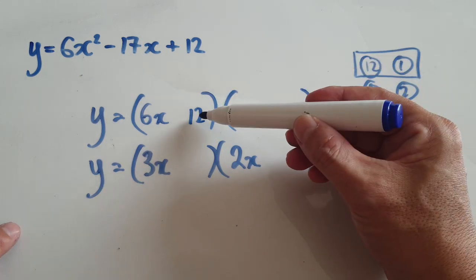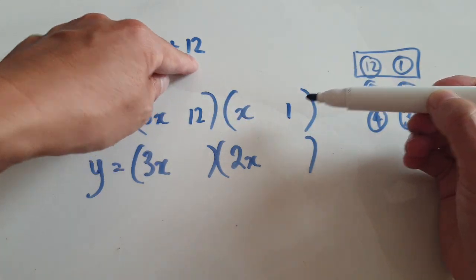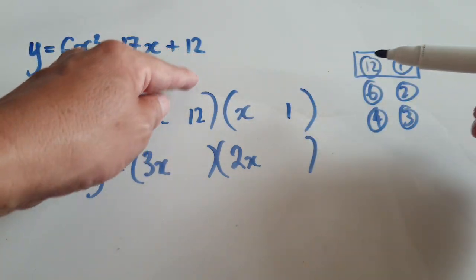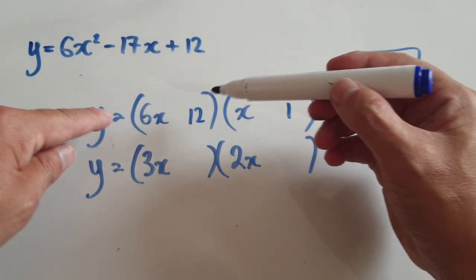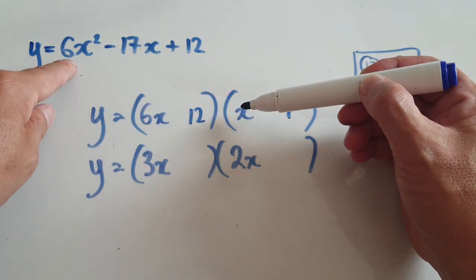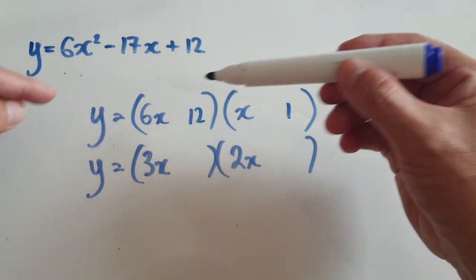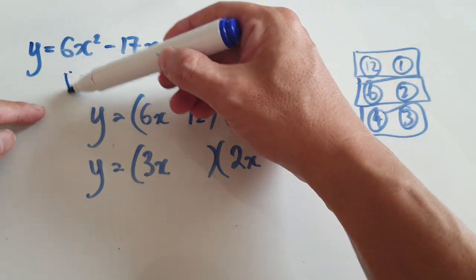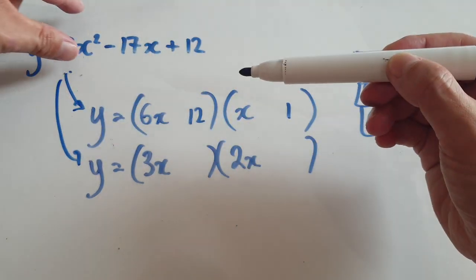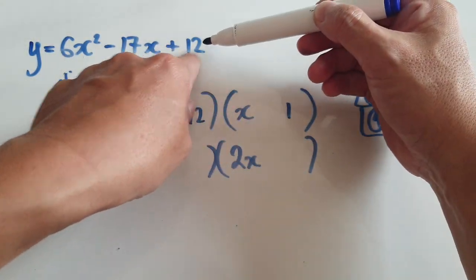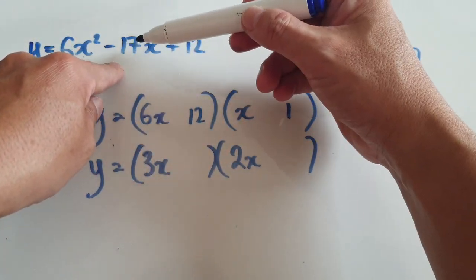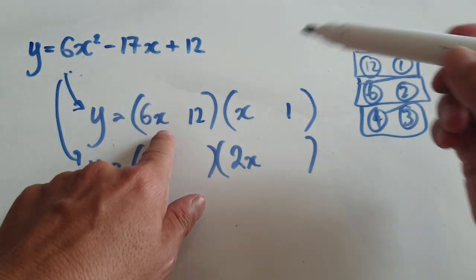Now, because you know that this times this must give you a 12, which we know is going to happen because we deliberately created the 12, it's pointless checking this and this, because we know it's going to give us 6x squared. So we've got to just check the middle term.